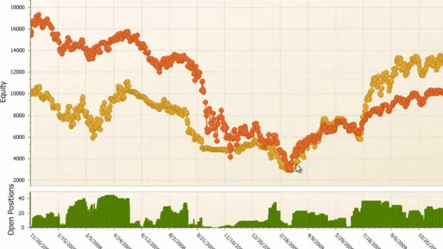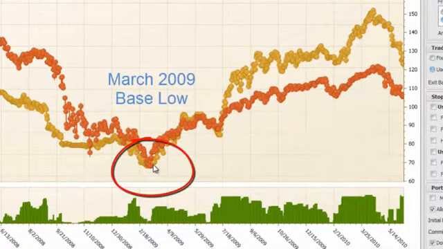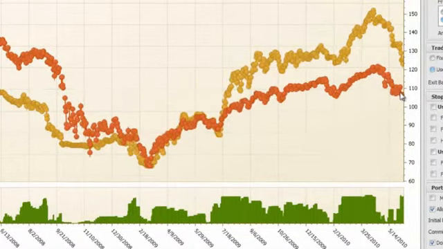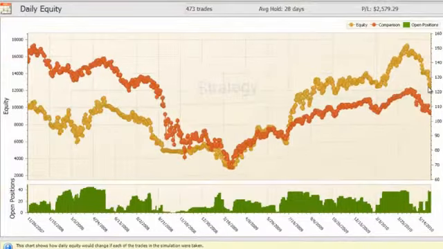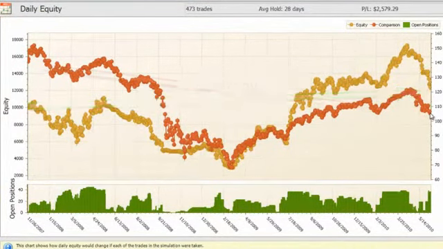What's interesting about this particular buy and sell rule is when we get to the March 2009 low, both the SPY bottoms out and the strategy bottoms out too, but then the strategy recovers much quicker than the S&P 500, and in fact the strategy is over this time period profitable, whereas the S&P 500 is still underwater after all that time. I see that.